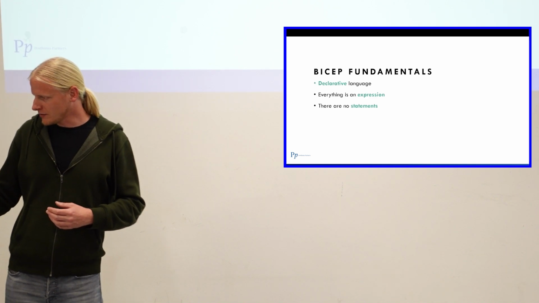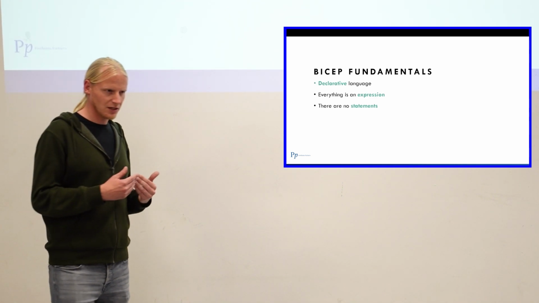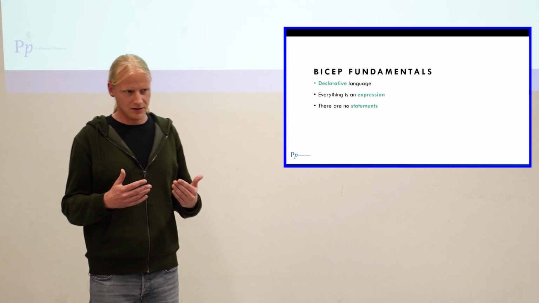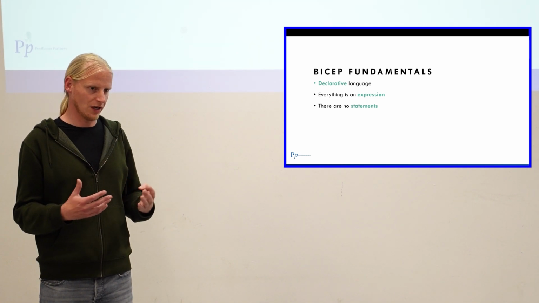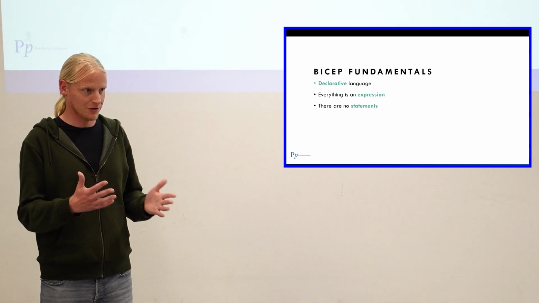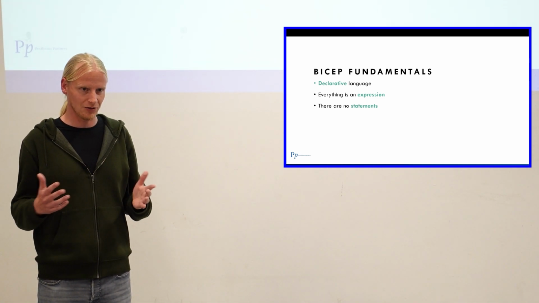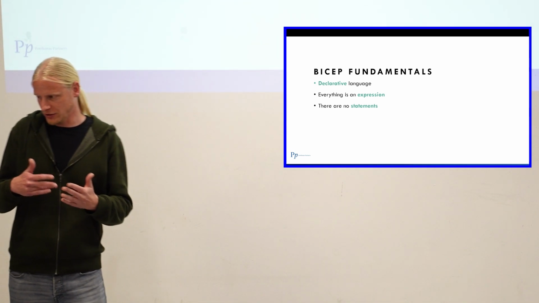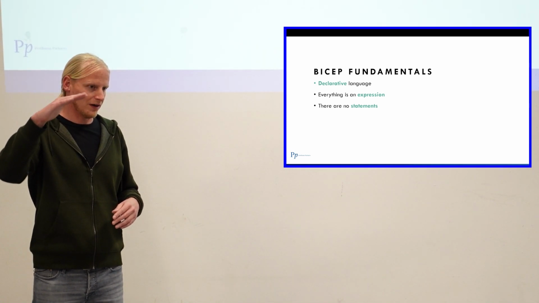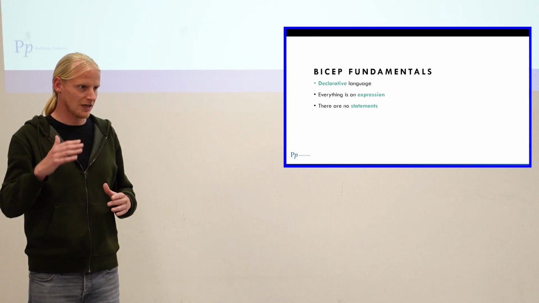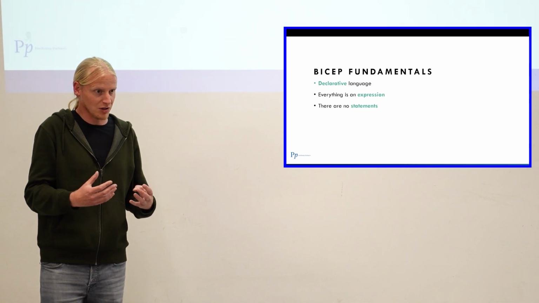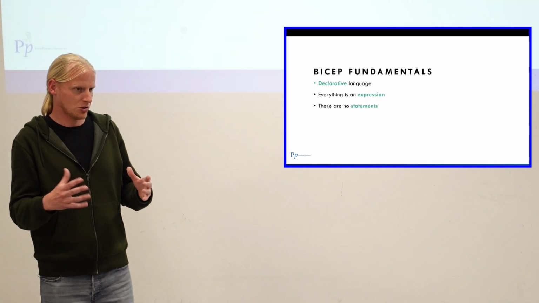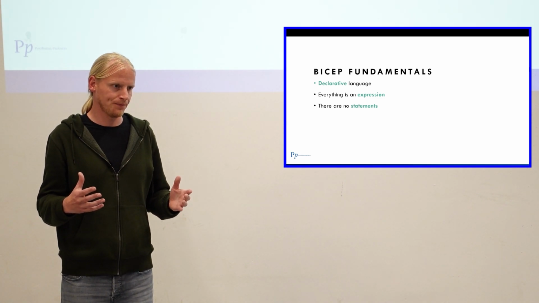And then a little bit about Bicep as a language. So it is a declarative language, and that can take some getting used to if you're always working in an imperative language like JavaScript or Java or Python or .NET. Because then you're used that your program starts at the top and then it does all kinds of things and does all these statements. Well, Bicep as a language, it does not have any statements. You are declaring the resources that you want to have in Azure.